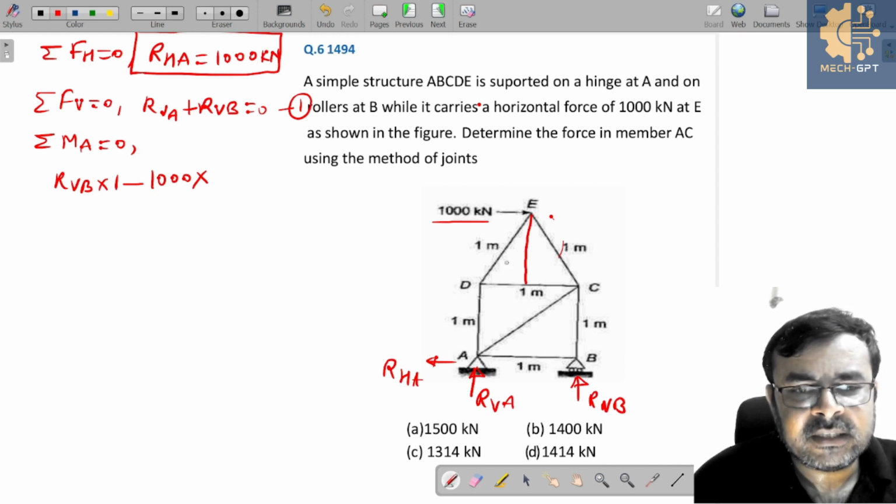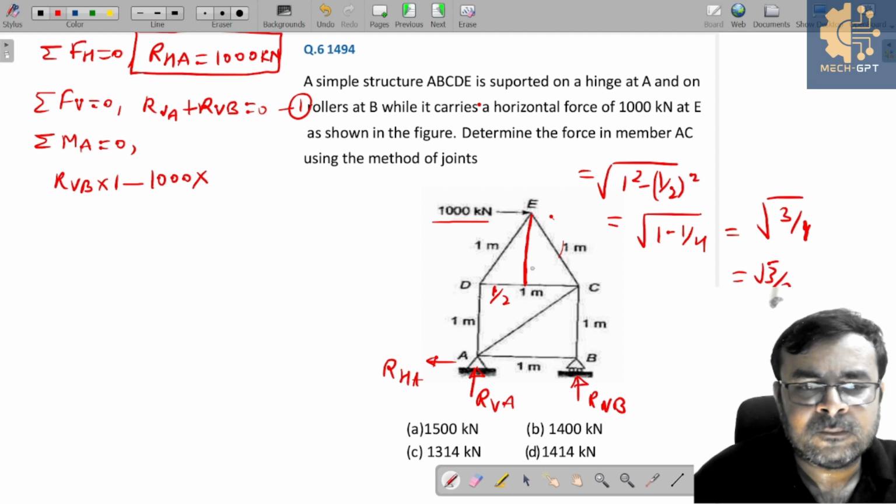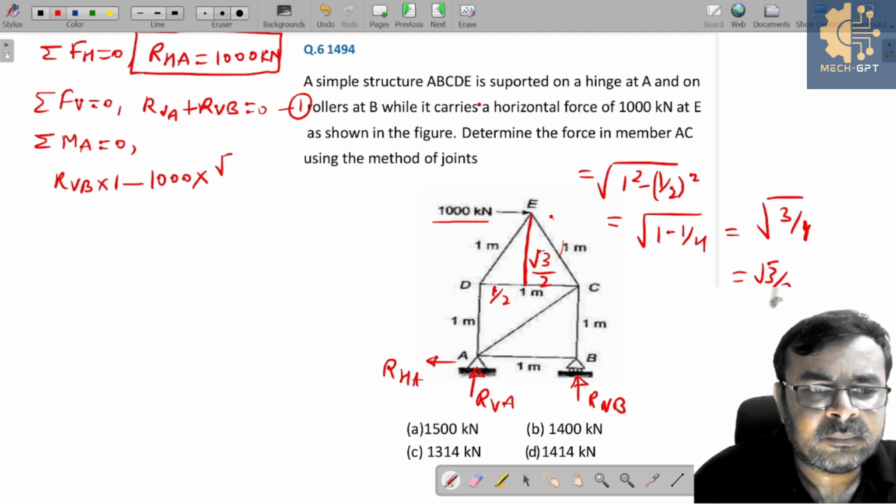This is a symmetrical triangle, so this is 1 by 2, and this is root of 1 square minus (1 by 2) whole square, which is 1 minus 1 by 4, so root 3 by 4, or simply root 3 by 2. This distance is root 3 by 2. So you multiply with root 3 by 2 plus 1, and this is equal to 0.